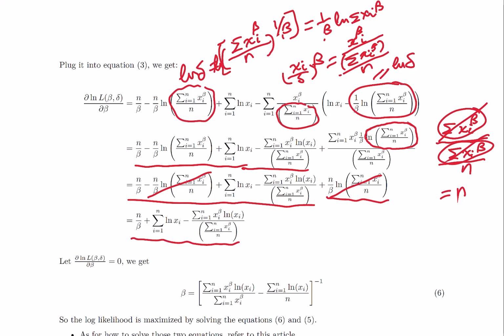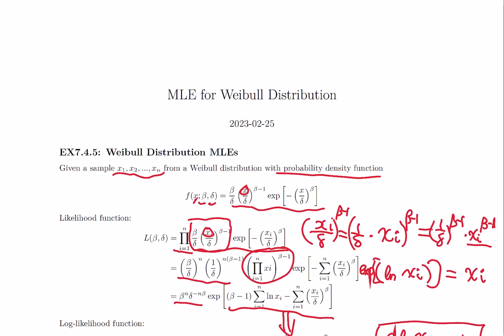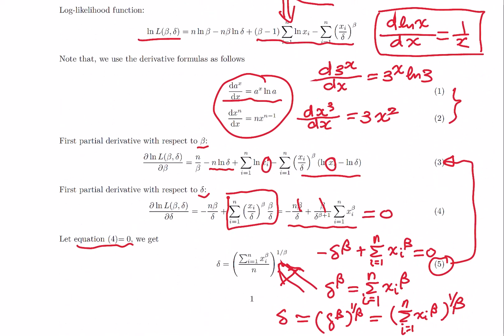Now if you let this first partial derivative with respect to beta equal 0, this equals 0, that's how you got this. So now finally we have equation 6 for beta and then equation 5 for delta, right here.